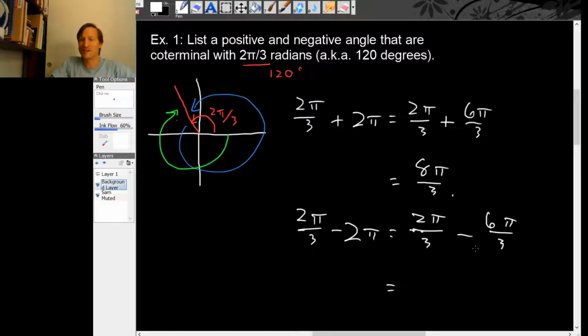And 2 minus 6, that's negative 4. So negative 4 pi over 3. So that green coterminal angle is negative 4 pi over 3. So always when you measure an angle, unless you have some reason not to, put it in standard position. And in standard position, positive angles go counterclockwise and negative angles go clockwise.